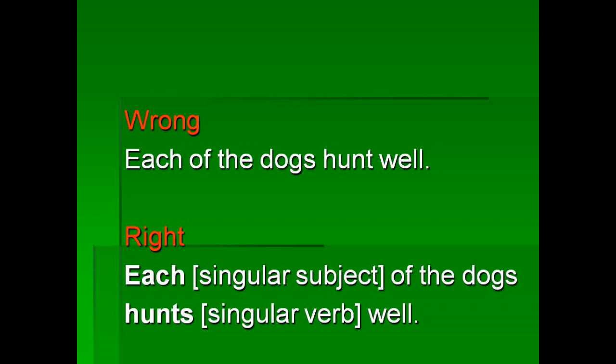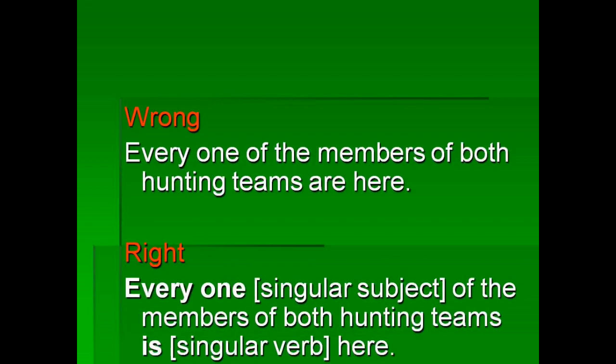"Each of the dogs hunt well." "Each of the dogs hunts well." Subject-verb agreement rule. Each of the dogs hunts well. We have several examples. "Every one of the members of both hunting teams are here."